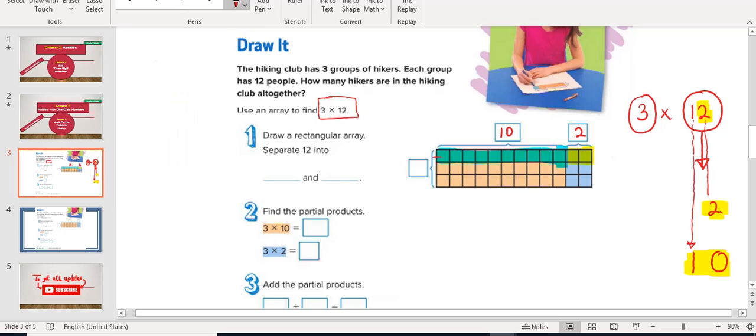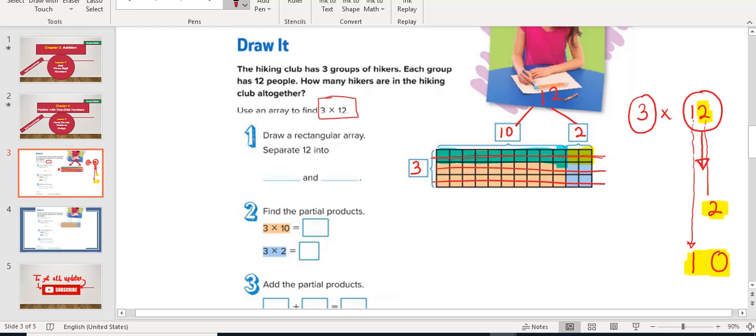Remember, this is row 1, so altogether 12 is separated into 10 and 2. The next thing we're now going to do is take the 1-digit number you are multiplying it with, which is 3. It will be on the breadth part of the rectangular array. So there are 3 rows. Row 1 in red, row 2, and row 3. So this is how you go about it.